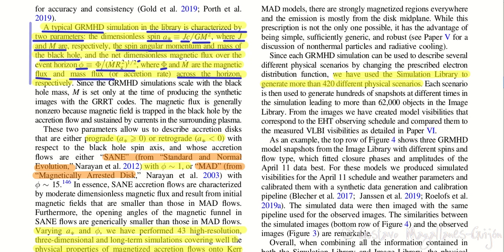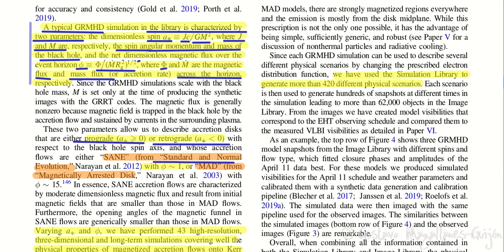These parameters allow us to describe accretion disks that are either prograde when the a is greater than 0 or retrograde when a is less than 0 with respect to the black hole spin.